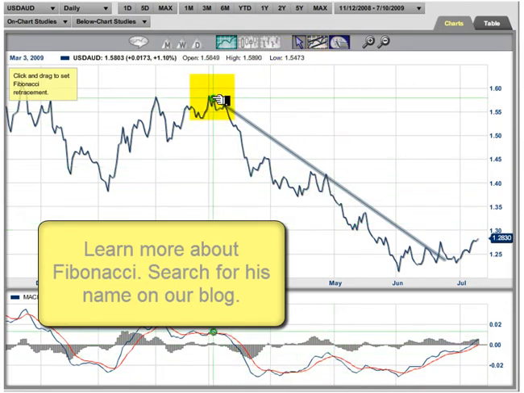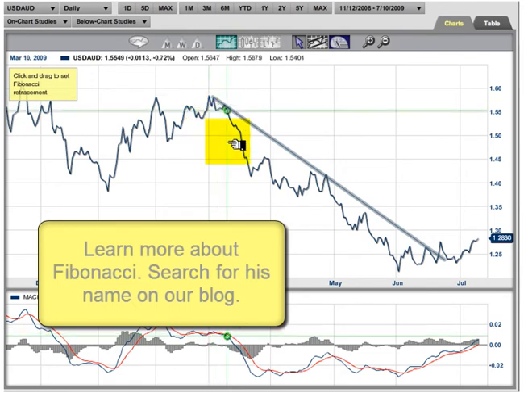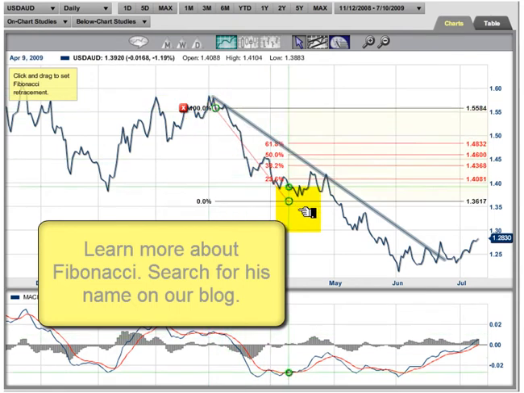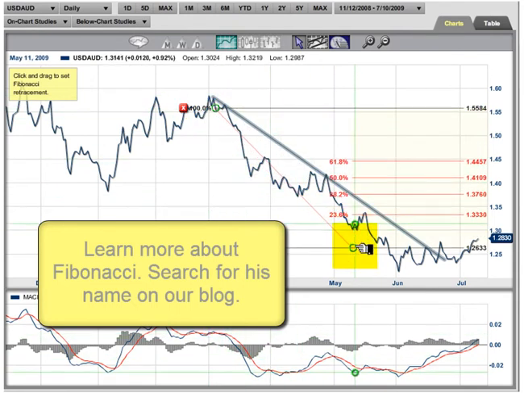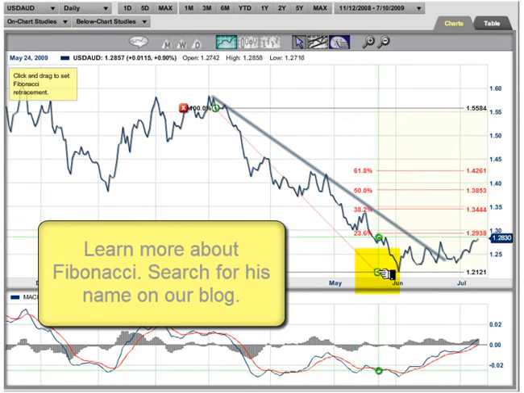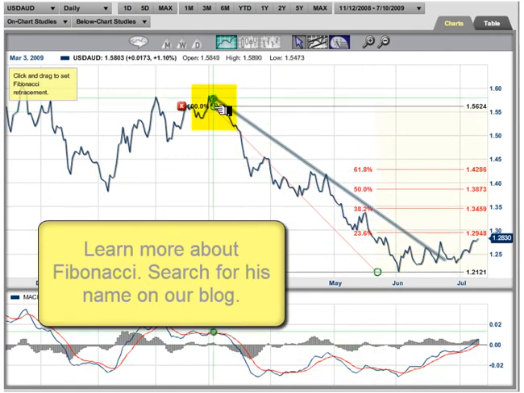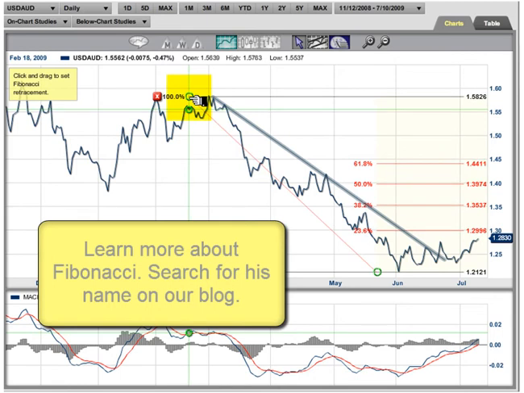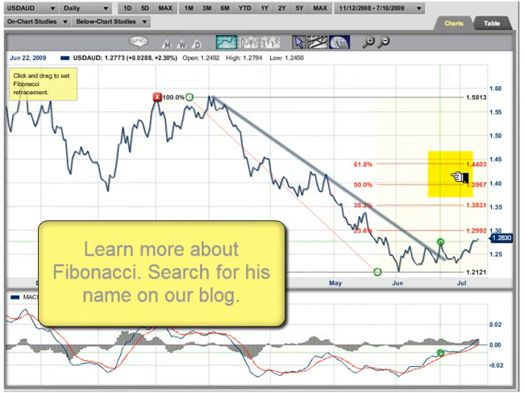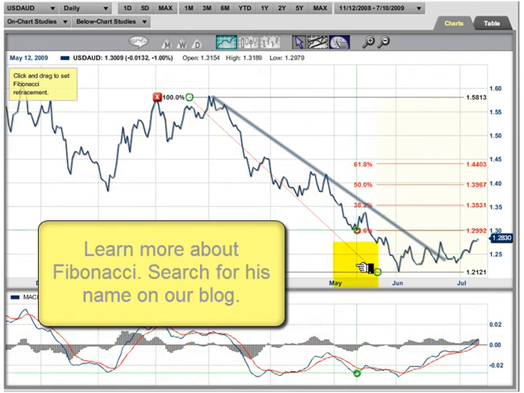So you simply go from the high point, and we drag it down, and I'm going to put this a little bit so it's right on the high point right there. And what we're seeing are some very simple retracement levels. This is 38%, 50%, and what we call 62%, even though it's 61.8 if we're really technical about it.